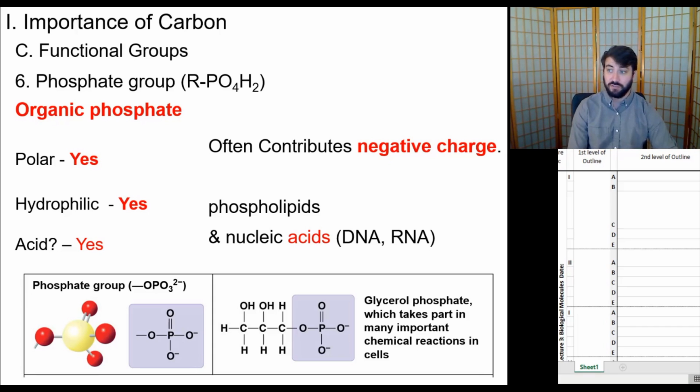These get involved in phospholipids, and they're also very much involved in nucleic acids, right? Not too surprising, because they are acids themselves, so they add the acid part to the nucleic acids. Nucleic acids you might be more familiar with are DNA, deoxyribonucleic acid, and RNA, ribonucleic acid.